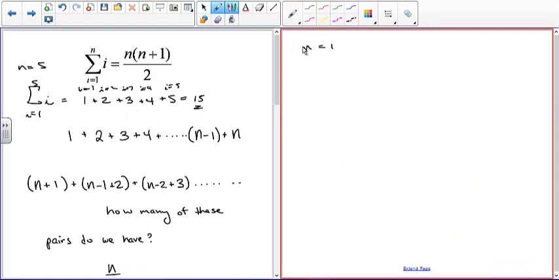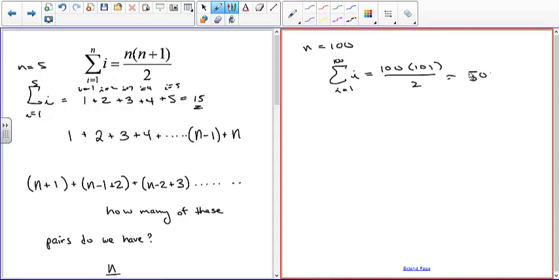So for n equals 100, the summation from i equals 1 to 100 of i is going to be equal to 100 times 101 divided by 2, which is 100 divided by 2 times 101, or 5,050.